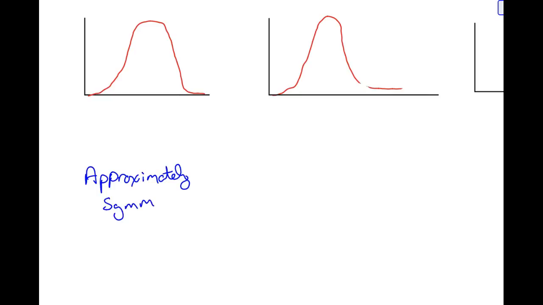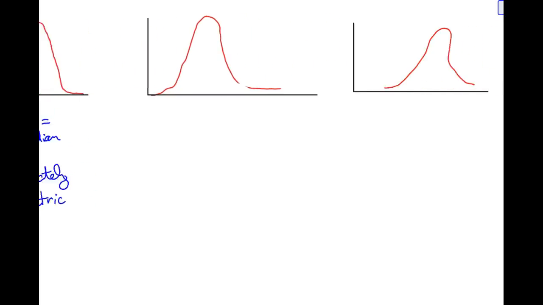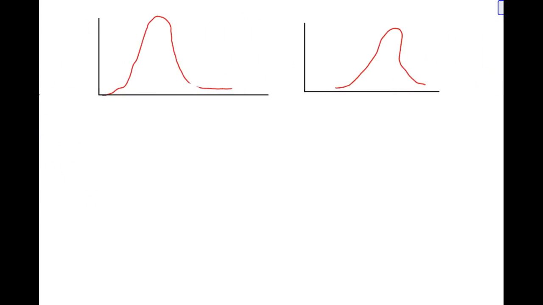What that means is that our median and our mean are here in the center, and they're approximately equal to each other. They're both going to be there in the center. There's no extremely high, no extremely low values to change it.